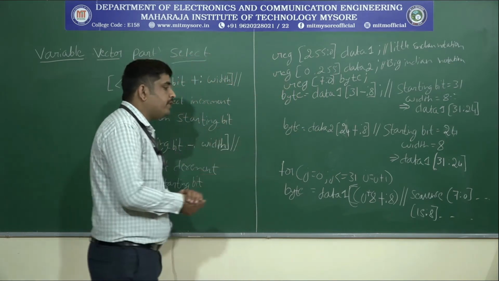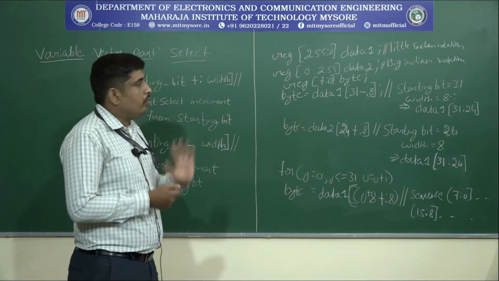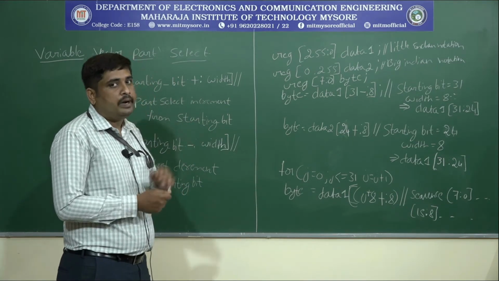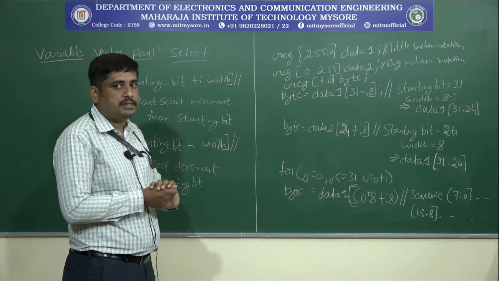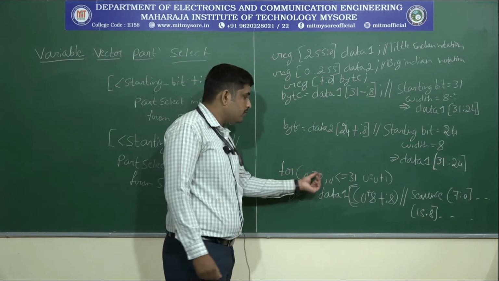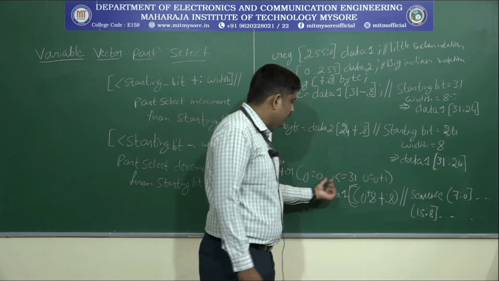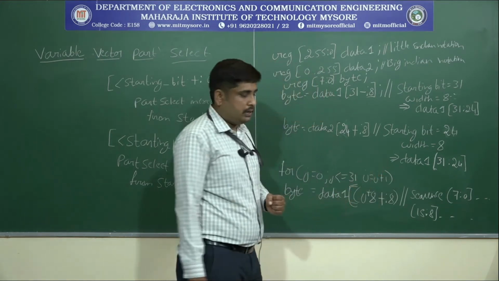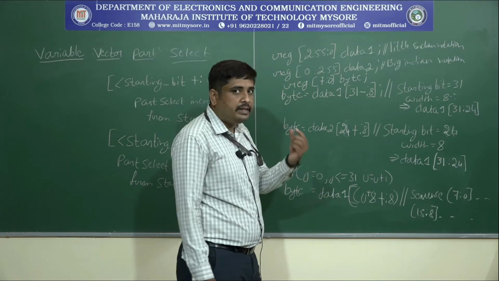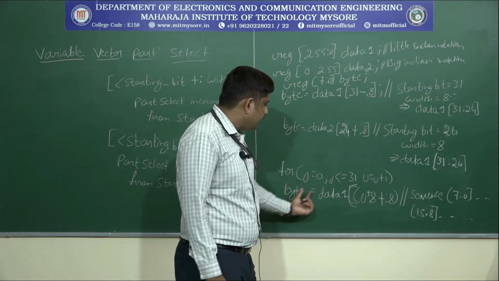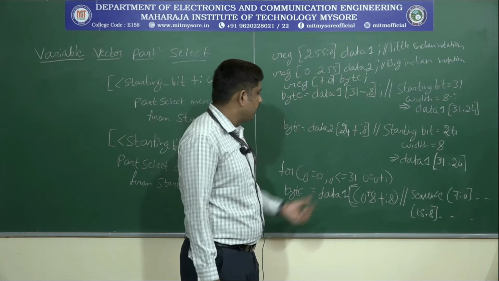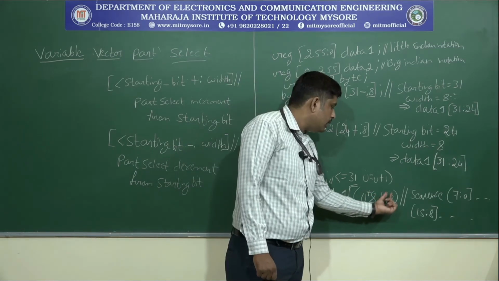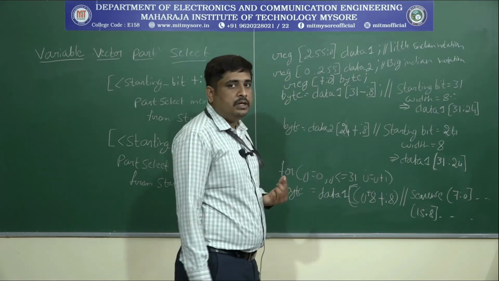And one more feature: in variable vector part select, it is possible to use a for loop. It's similar to C programming syntax. Here j is equal to 0, j less than or equal to 31, j is equal to j plus 1. Then we write byte is equal to data1, assuming a little endian selection, [j*8 +: 8].